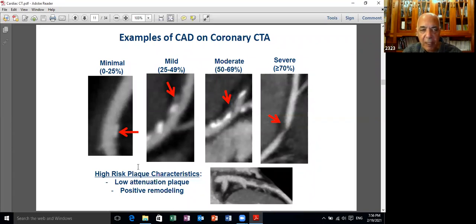So it provides you not only with an idea about the degree of luminal stenosis, but it also provides you with the plaque characteristics, whether high or low risk.